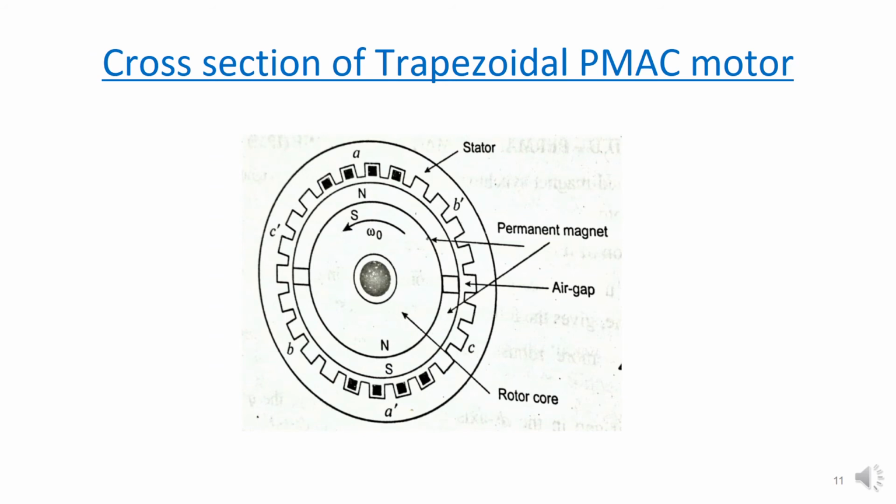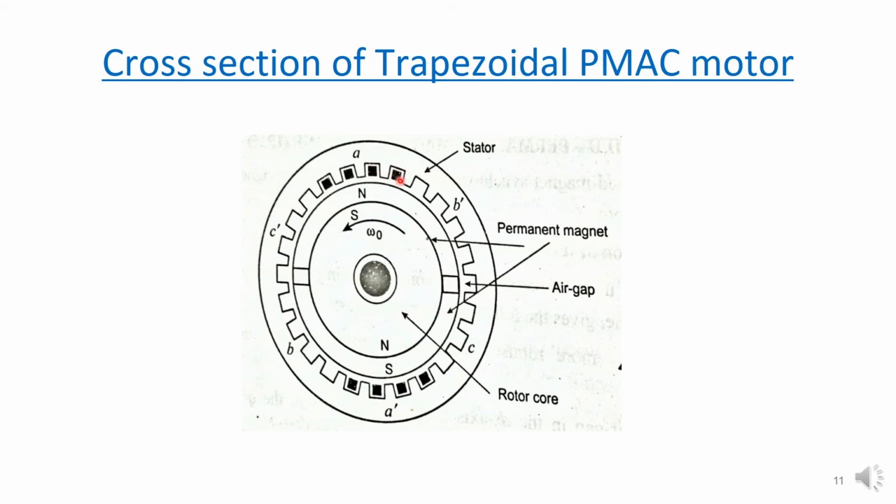The figure shows the cross-section view of a three-phase two-pole trapezoidal PMAC motor. From this figure you can see that we have three phases, phase A, B and C, and we have two poles on the rotor, the north pole here and the south pole here, and this is the stator.